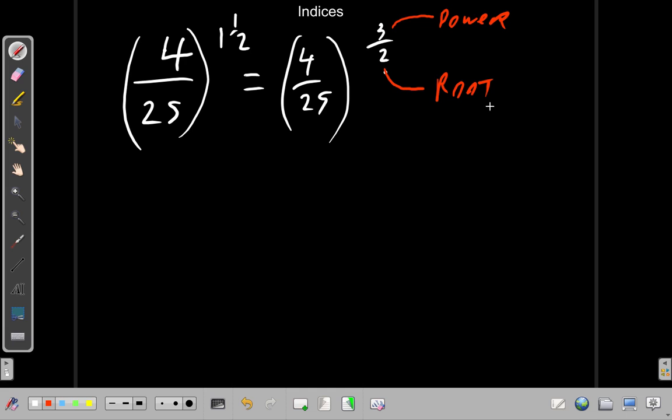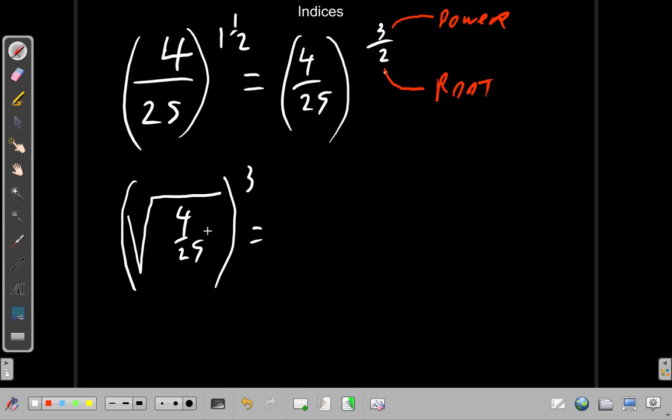So this amounts to finding the square root of 4 over 25. After you do that, you raise it to the power of 3.